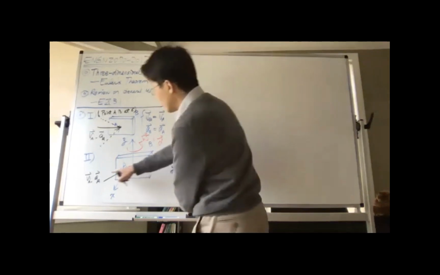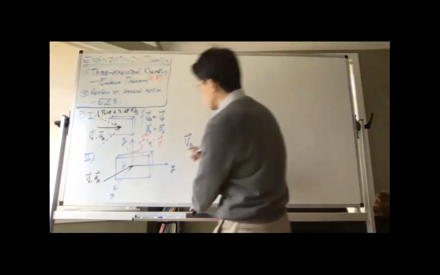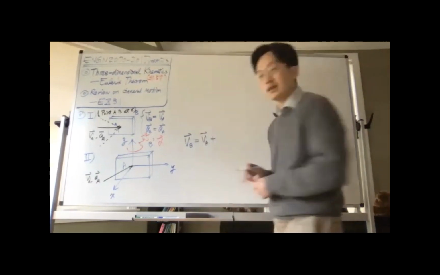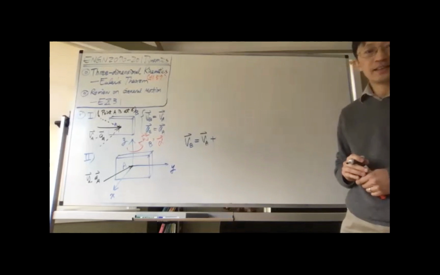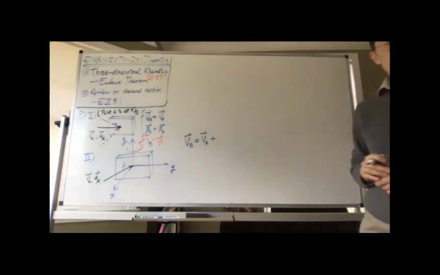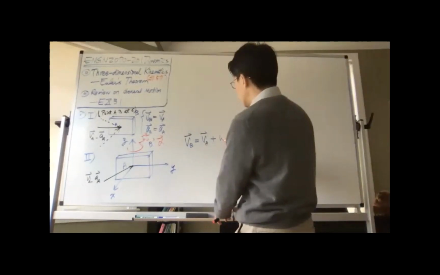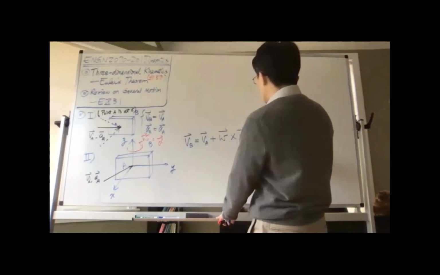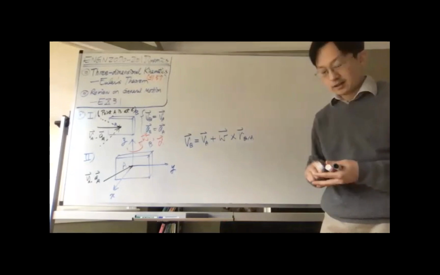So here, if I have not only the linear but also the angular motion, VB equals VA plus, what's this? Omega cross RBA. So what's RBA?